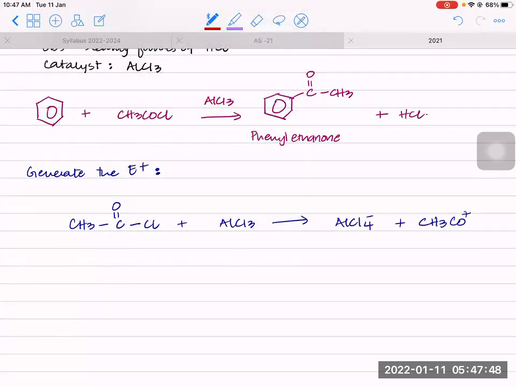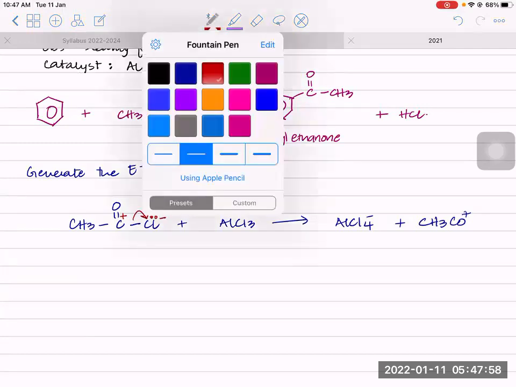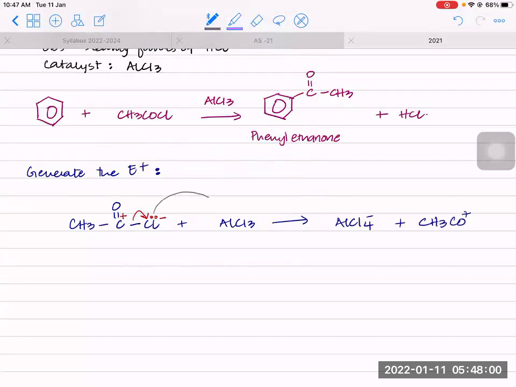Let's see. So this is partial negative, obviously. The bond will break. Both the electrons will go to Cl. It will get a negative charge. This will get a positive charge. Now, since it has a lone pair, this has a vacant orbital. They'll make a dative bond giving you AlCl4 minus and CH3CO plus, that is the electrophile. You see, you've made the electrophile.